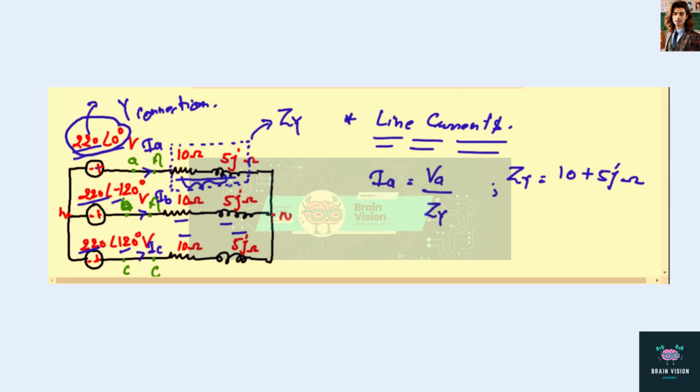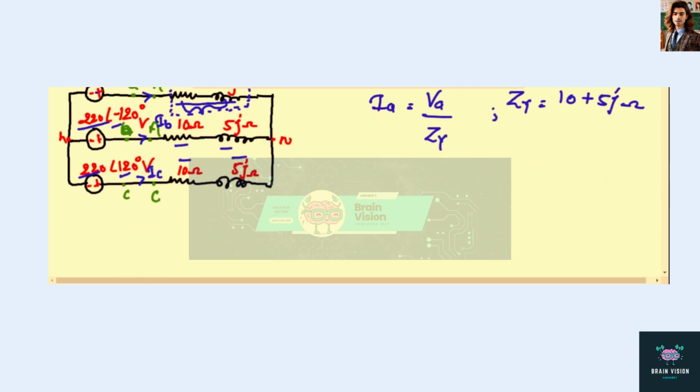Let's put it over here. IA is equal to VA, which is 220 angle 0, divided by ZY, that is 10 plus 5j ohm. I convert ZY into polar form, which we can easily do with the help of a calculator. In polar form you will get 11.18 angle 26.56 degrees.